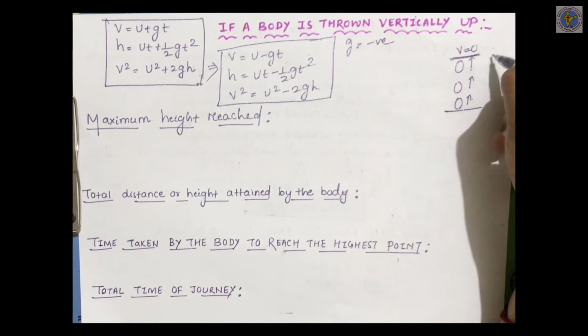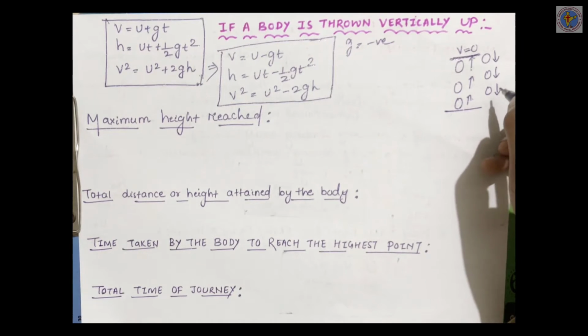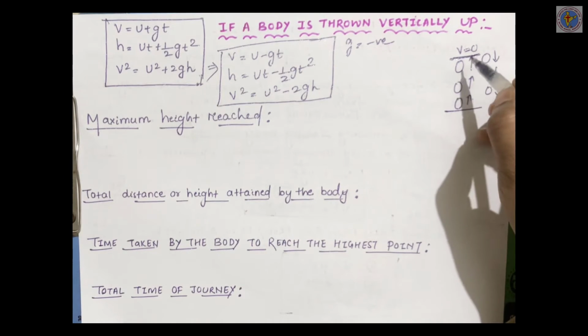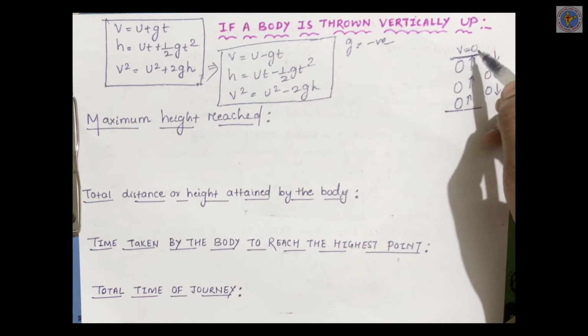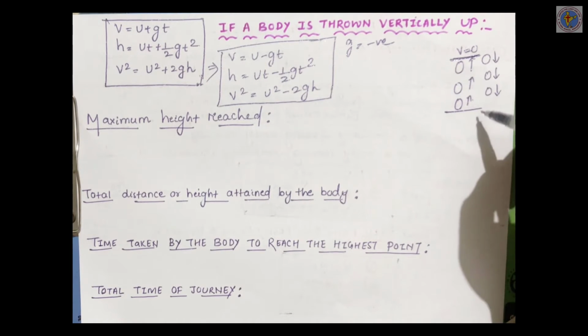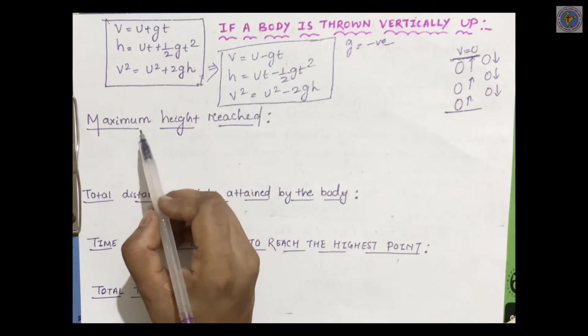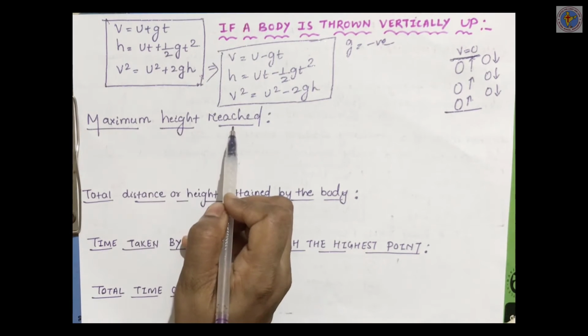That's why the body takes a U-turn and moves in the downward direction, reaching its initial position. At the highest point the final velocity becomes 0, after that the body is acting under gravity, so it moves downward. Now let us find an expression for the maximum height reached by the body.